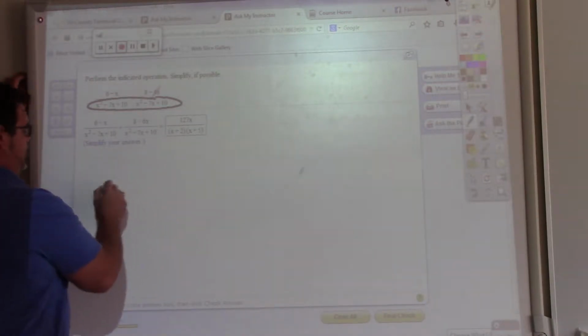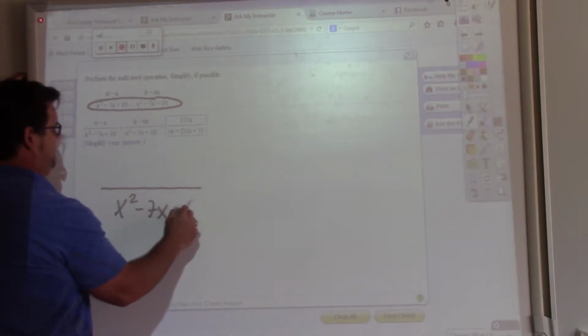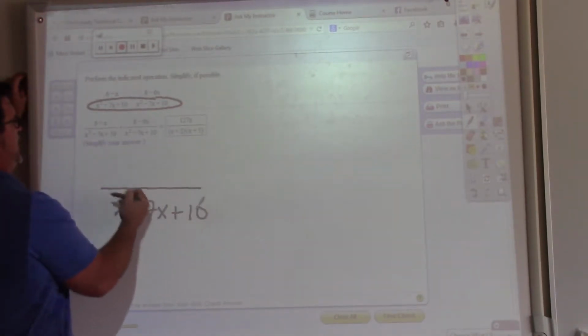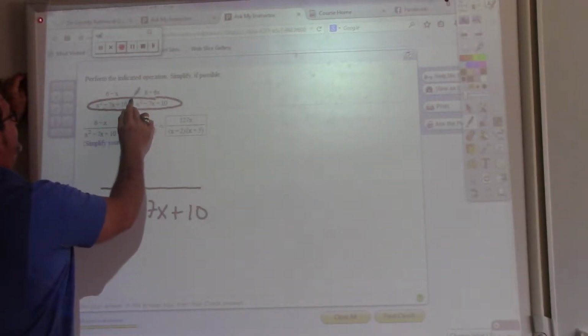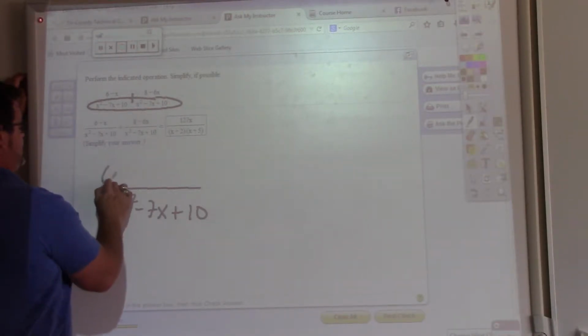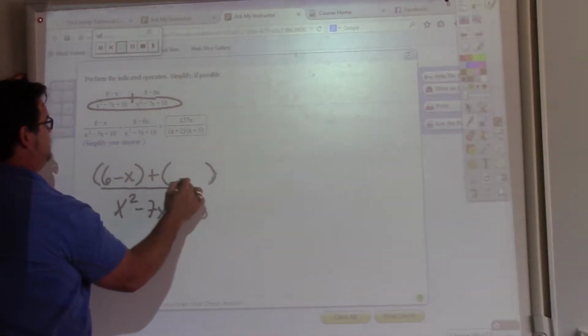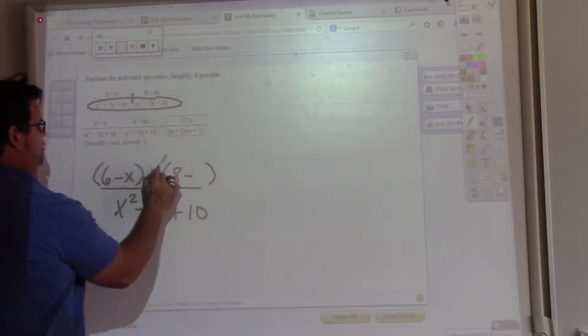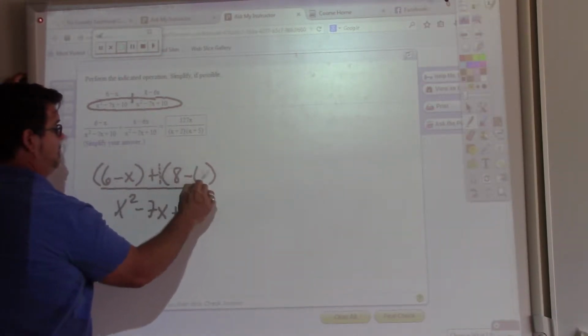All right, so I'm just going to write this as x squared minus 7x plus 10, and I'm going to put everything on top since it's a common denominator. Don't forget that. Is that a plus? Yes. Okay, so that'd be 6 minus x, and I always put the top in parentheses, because I'm going to distribute this positive 1, because if that was negative, you need to distribute so you don't mess up.